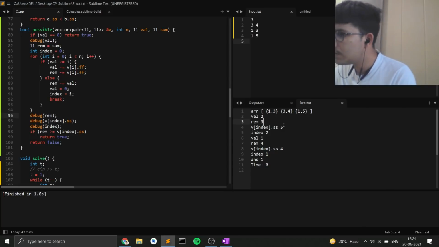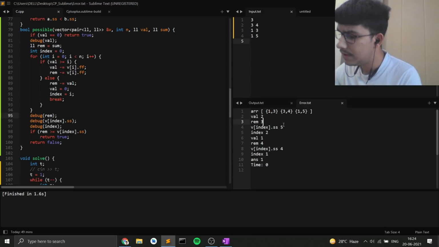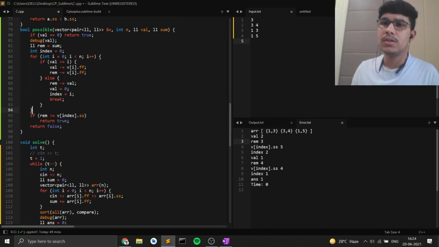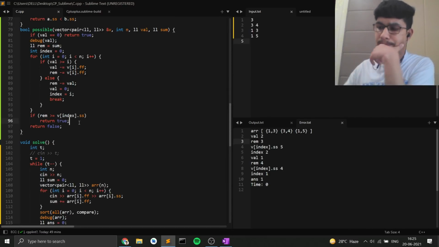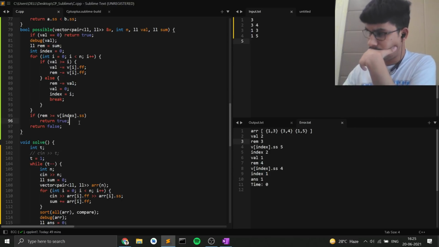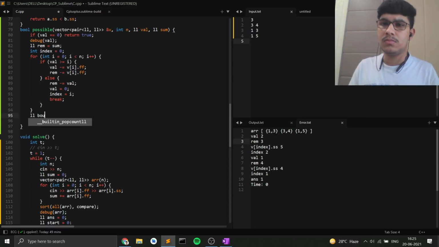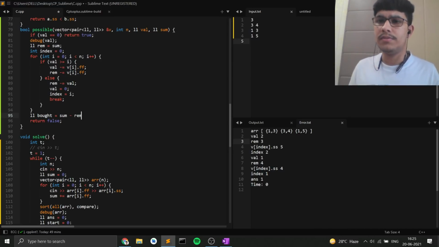Okay. So if I say that I want to buy X of them, then I save these X, and all the others I buy for 2. Right, yeah. So this is not just that. Bought equals to sum minus rem. In fact, it is rem, right?